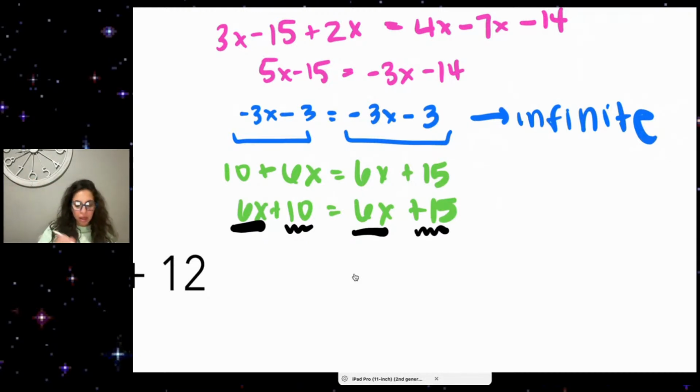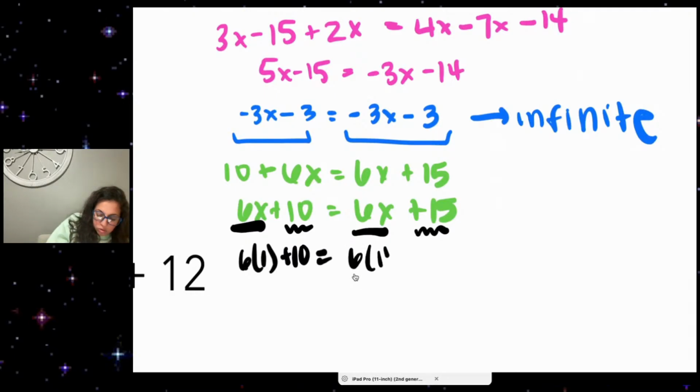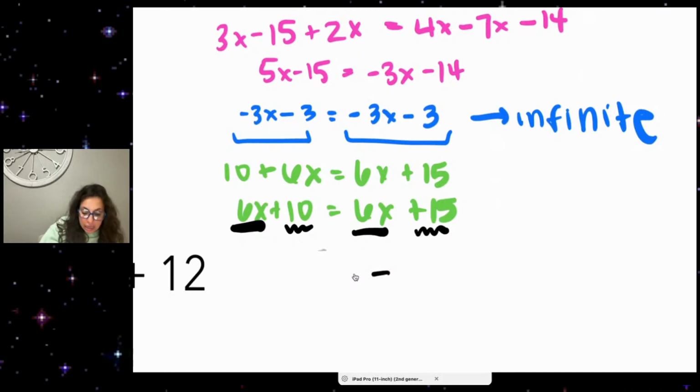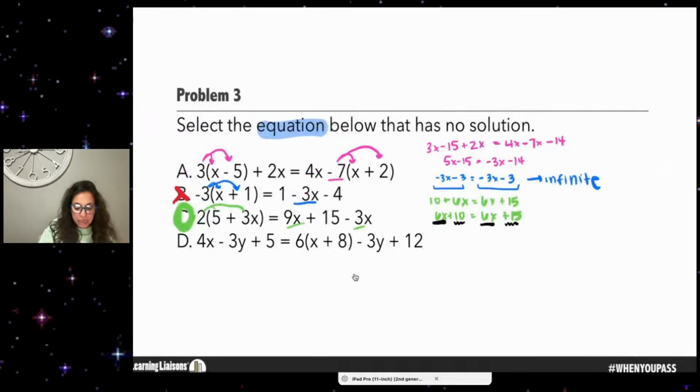No. If I plug in 1 for x, 6 times 1 plus 10 equals 6 times 1 plus 15. Am I ever going to get the same answer by plugging in the same thing for x on each side? No. So this is literally impossible. It doesn't have a solution.